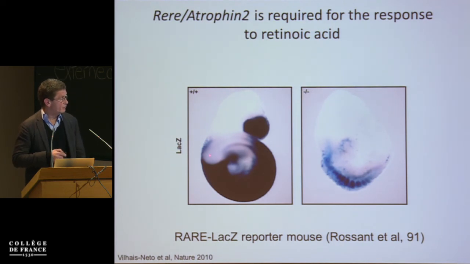And so, for instance, when he uses a reporter for retinoic acid signaling, like this RARE-lacZ mouse, in which the lacZ gene is fused to a retinoic acid responsive element, when he crosses this reporter into the background of the open mind mutant, you see a very strong downregulation of lacZ, suggesting that indeed this gene is important for retinoic acid signaling.